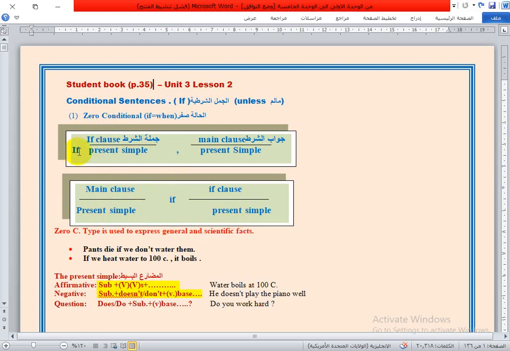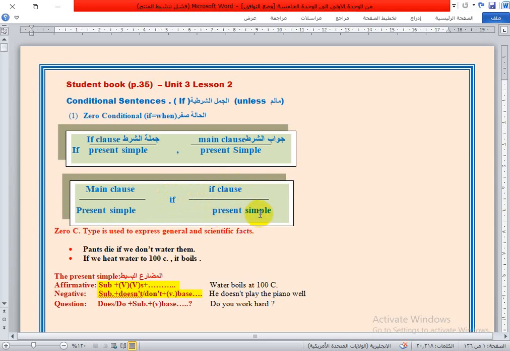We put if followed by present simple, which is the if clause, then we put a comma, then we put the main clause in the present simple. If comes in the middle, we put the main clause first, which must be in the present simple, then we put if, then the if clause, which should also be in the present simple.